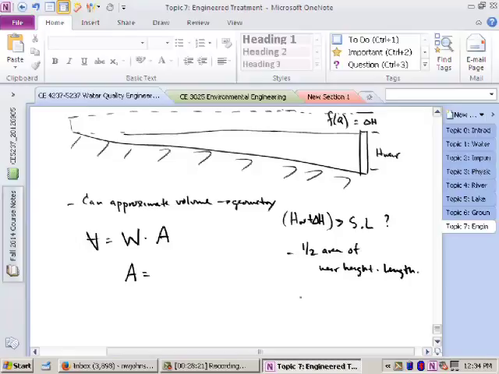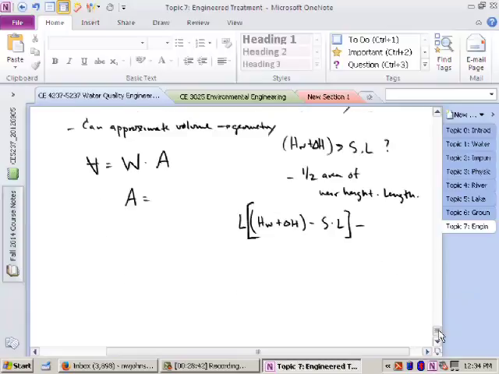So the other alternative would be, I have the expression written here, L times (HW plus delta H minus slope times length). And actually there should be a, this is the rectangular part, and then this would be the triangular part.